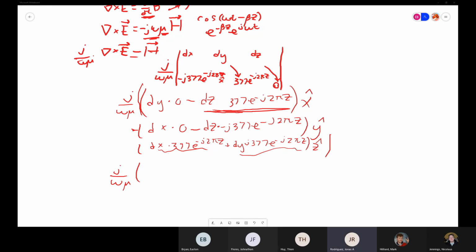So, derivative with respect to z of that top term is just, oh, and also it's probably easier to go ahead and factor out the 377 e to the negative j 2 pi z, because it's common between everything. Just less stuff to keep writing.